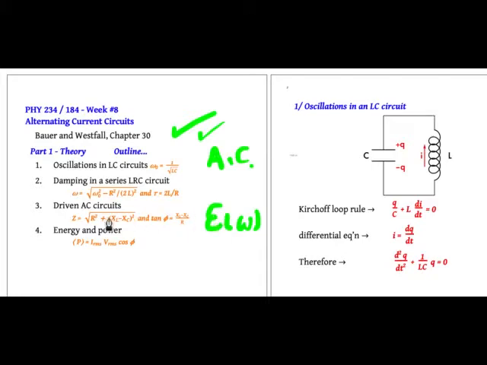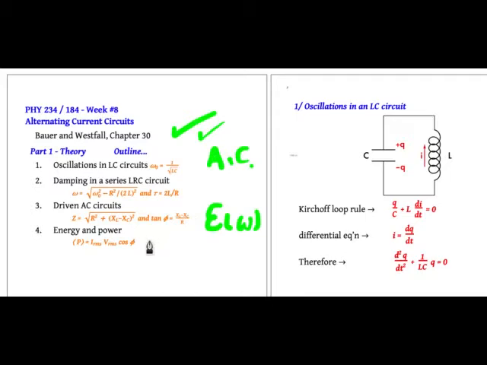When the driving frequency is equal to the natural frequency, when omega is equal to omega 0, or omega r if there's a little bit of resistance, then you'll have the largest currents in the circuit. And that's really important because that's how radio receivers tune on the frequency of an antenna.